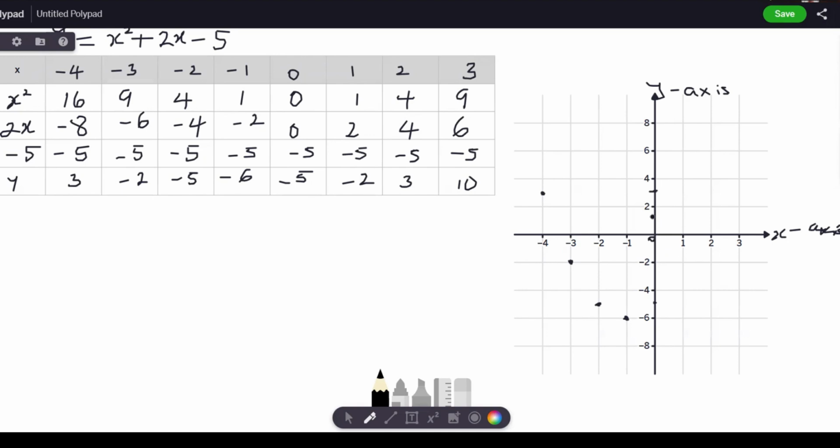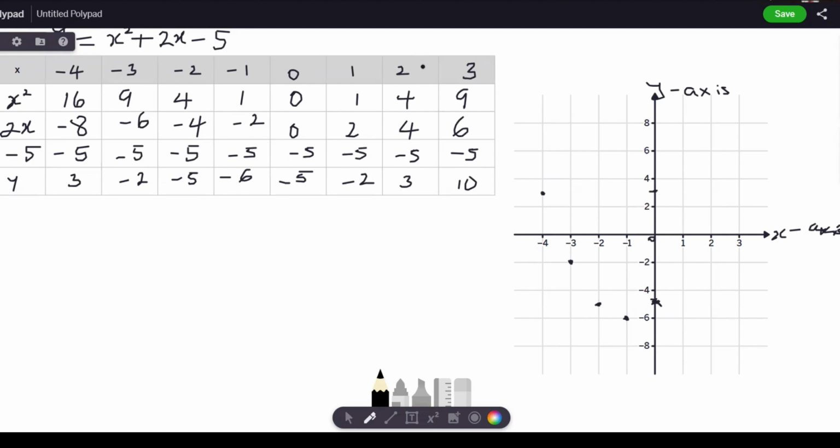So this line entirely is what we call 0, right? So when x is 0, y is -5 on the same line. So this is it, right?